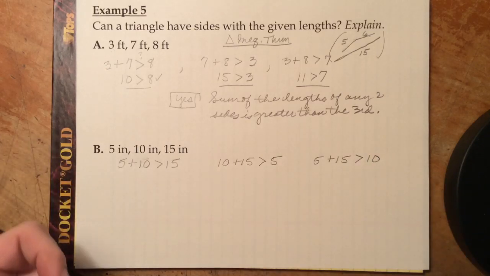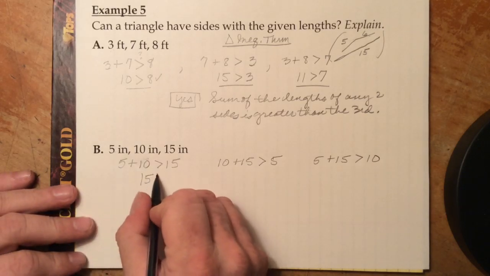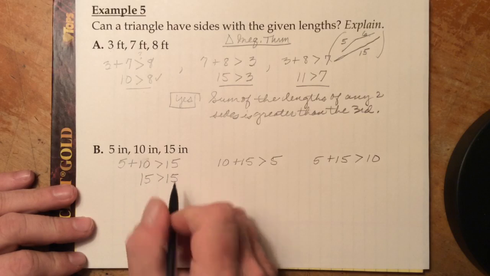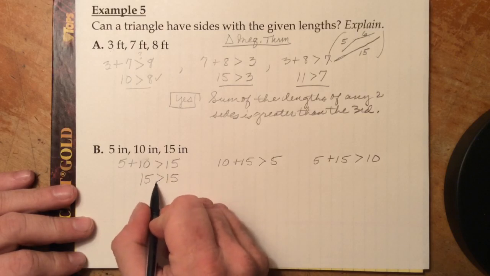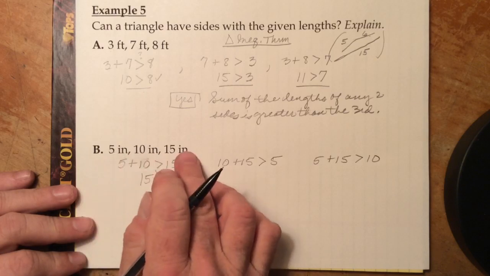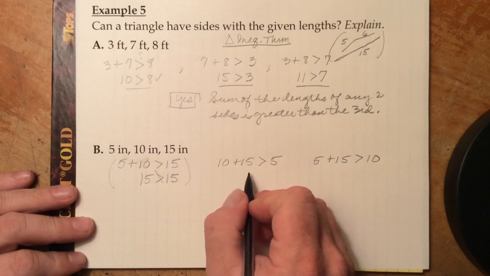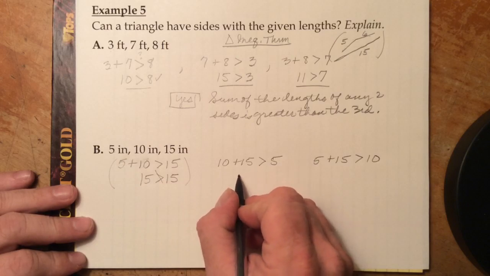So starting off with the first one, 5 plus 10 is 15. 15 is greater than 15? Well, that's not true. 15 is equal to 15. It's not greater than. So already we know that these three won't work. We just happen to try the one that doesn't. Let's see if these actually worked. 10 plus 15 is 25.